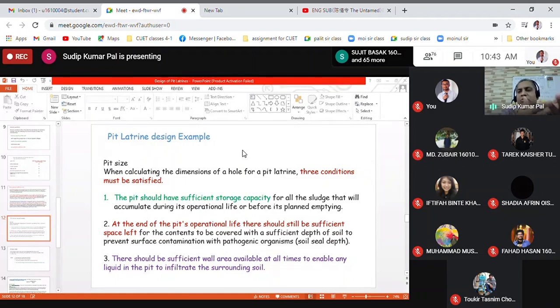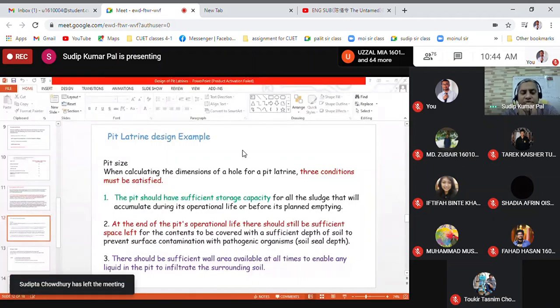As a designer, let's say some of your friends are also designers, and design can vary. 100 people designing the same thing can have 100 outcomes. But all of the designers must have their justification: why I am keeping this value, why I am adopting this value. That is really important. That is the point I want to highlight.